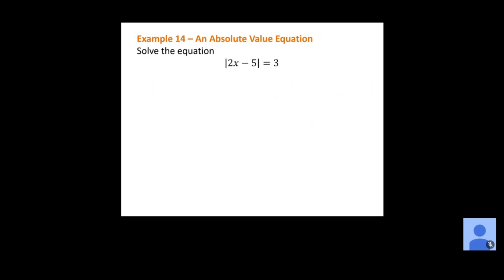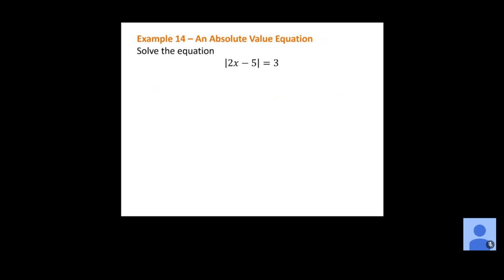All right, last example. Okay, so we want to find the solutions here to the absolute value of 2x minus 5 is equal to 3. Now, what we have to think about in this case is what could go inside that absolute value that would give us a positive 3. Well, the absolute value of 3 would give us 3, but the absolute value of negative 3 would also give us 3.